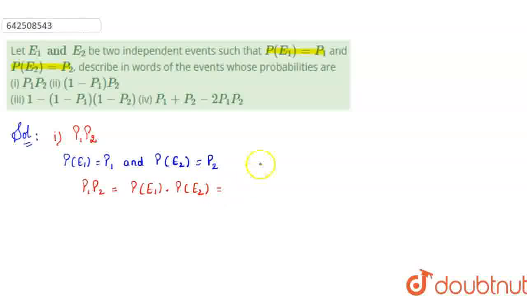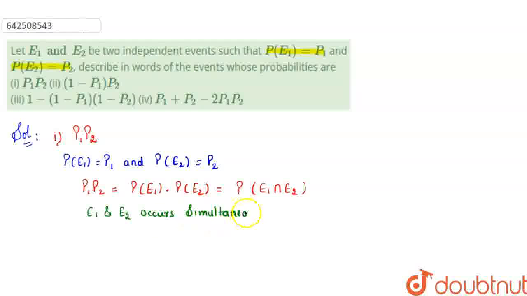Now as we know E1, E2 are two independent events, so P(E1) into P(E2) we can write as P of E1 intersection E2. So now we can say E1 and E2 occur simultaneously, because there is an intersection sign between these two events.